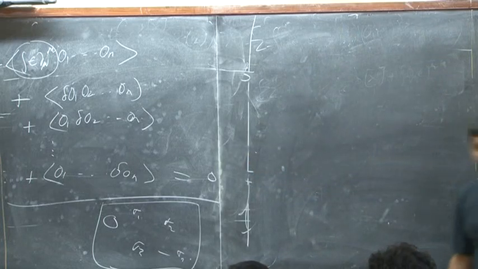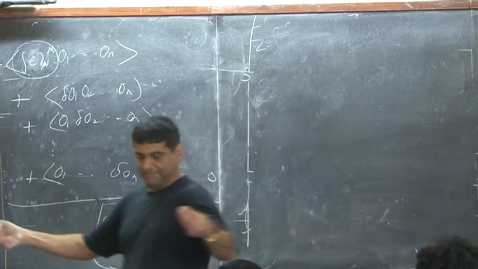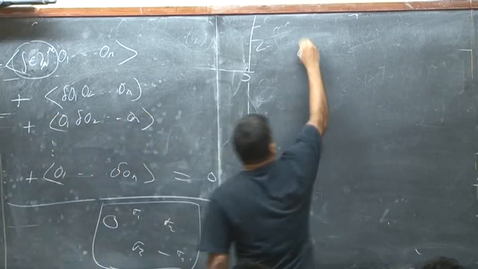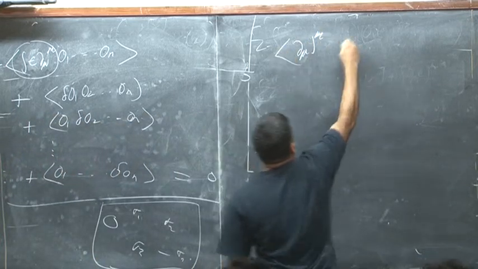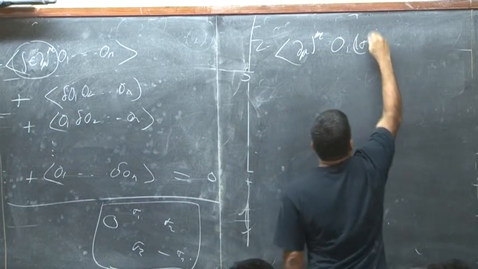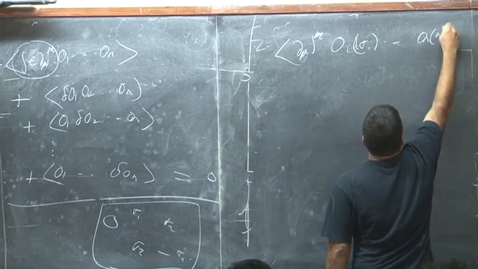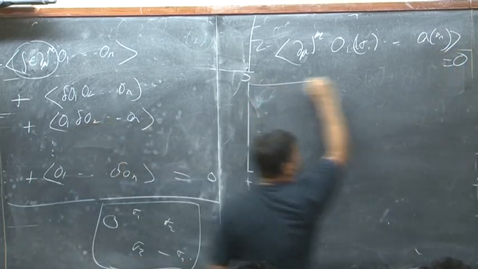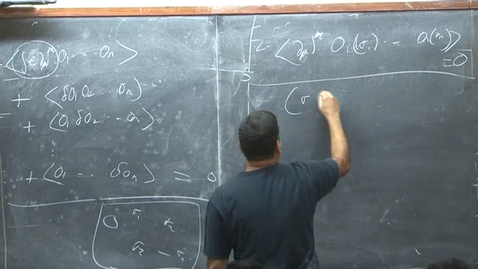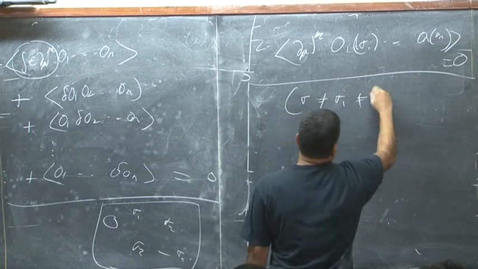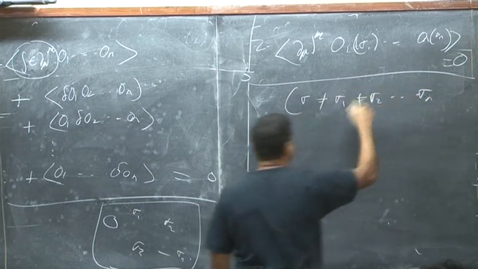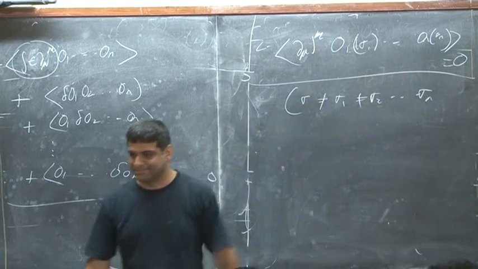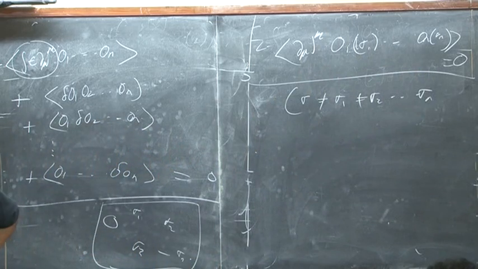Provided your current insertion point is separated from all the other insertion points, we get the equation del mu j mu of sigma O1 of sigma 1 ... On of sigma n is equal to 0, under the condition that sigma is not equal to sigma 1, not equal to sigma 2, and sigma doesn't coincide with anything. That's clear?